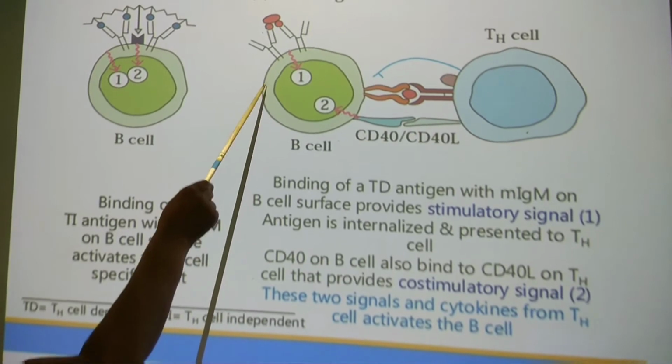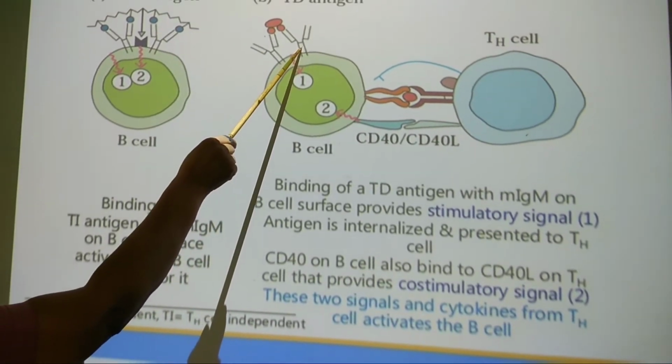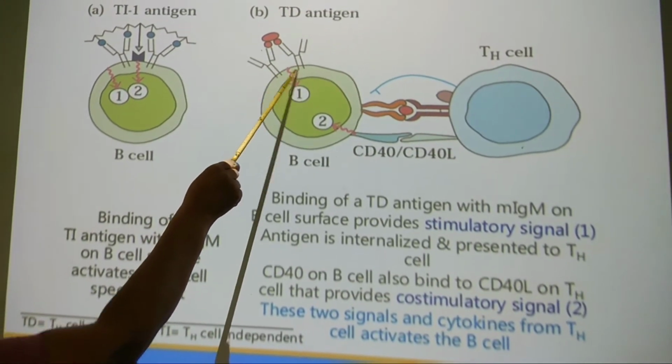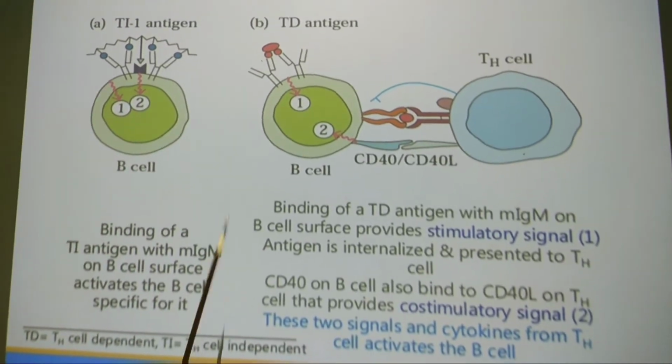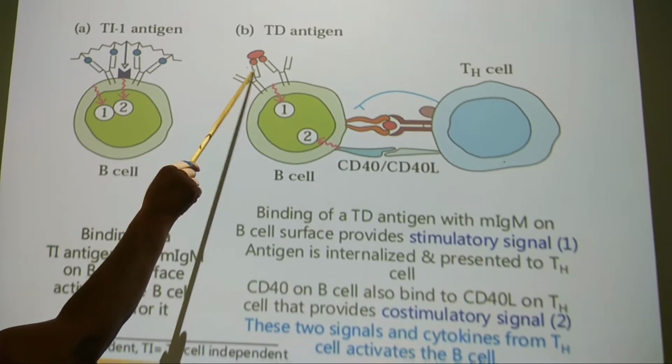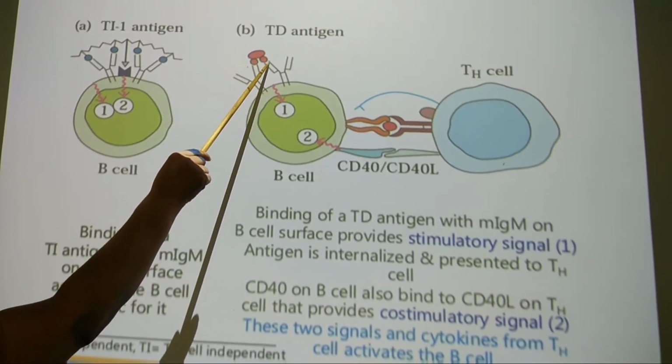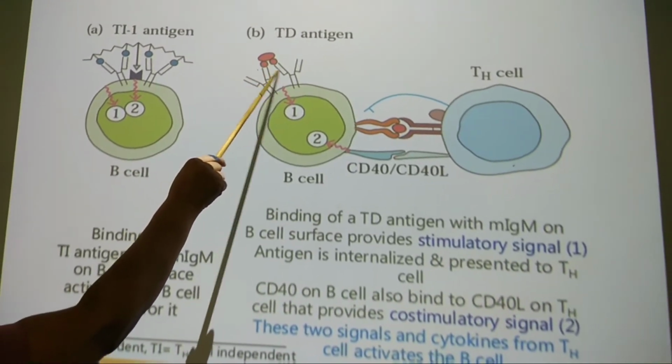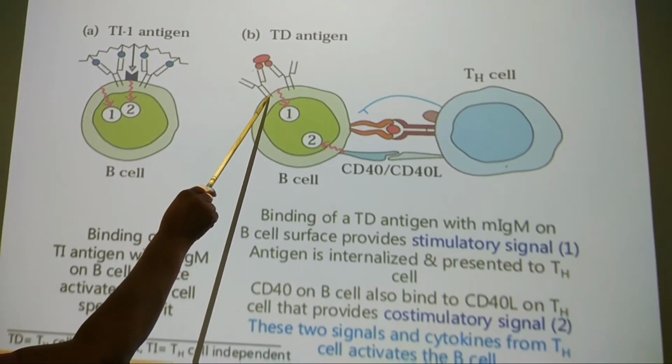Since it is a B cell, it has its receptor, that is the antibody. This is called the membrane antibody, and they are interacting with the antigen. This is the antigen binding site on the antibody molecule, which is acting as the receptor.